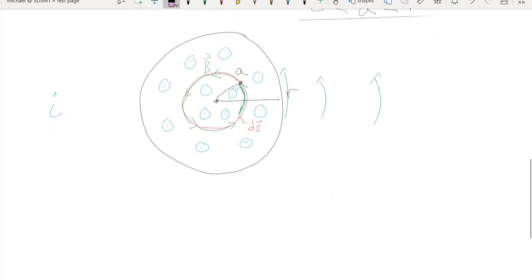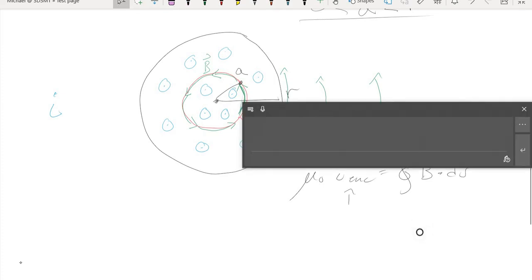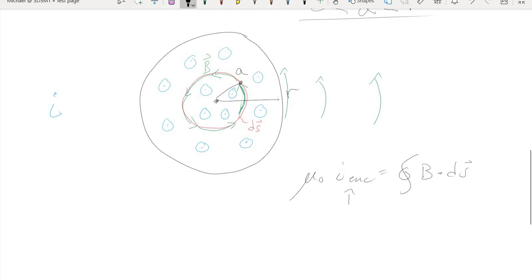As far as Ampere's law is concerned, the only major difference that we have in our setup is this value right here. Our Amperian loop no longer contains the total current that is passing through the wire.